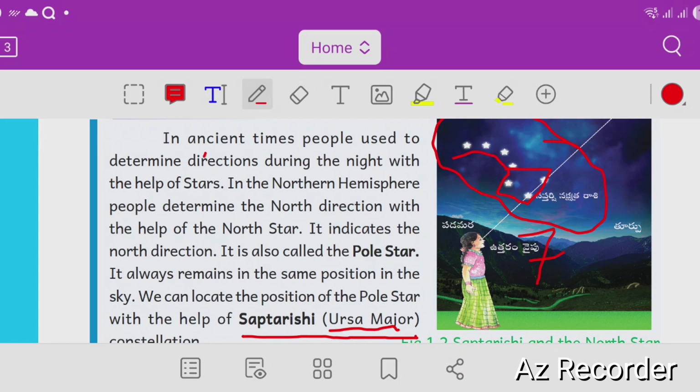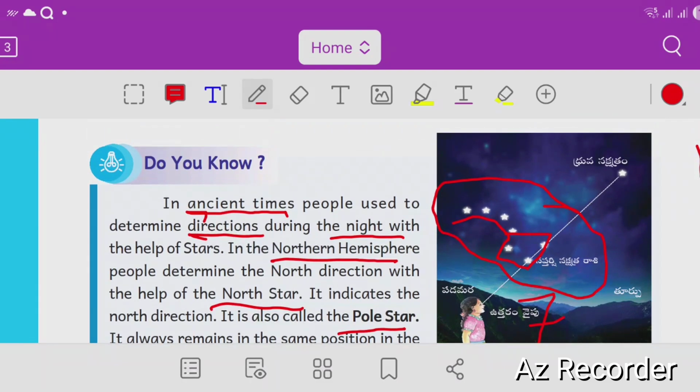Based on this, in ancient times, our forefathers found directions at night in the northern hemisphere using the north star, or pole star. Based on that north star or pole star, they determined the directions. Here we can see the north star in the picture.